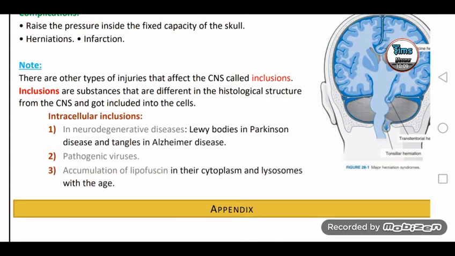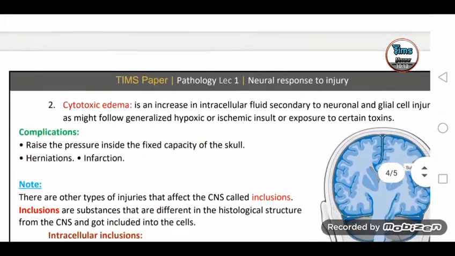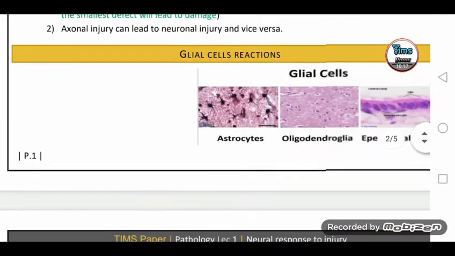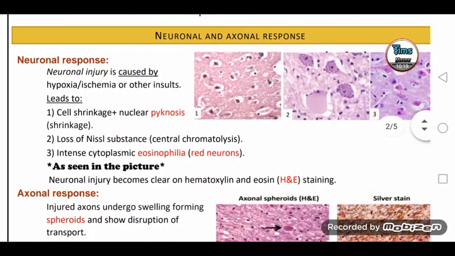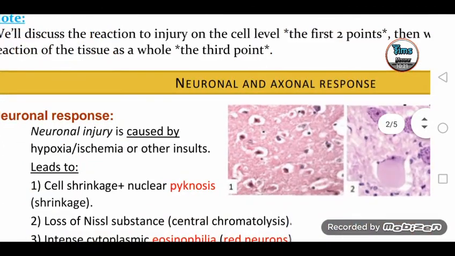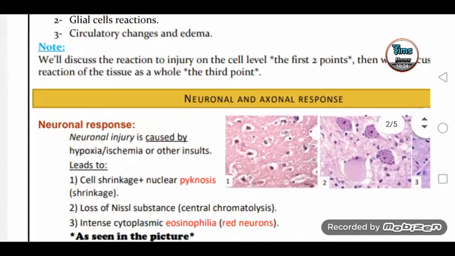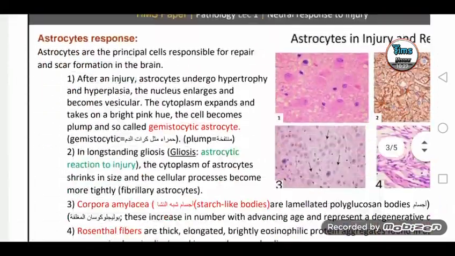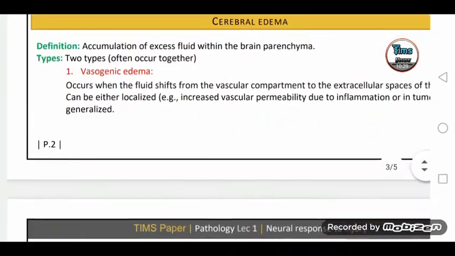So today, remember when we talked up there about the insults that may cause the neuronal injury? As we said, it can be caused by hypoxia, ischemia, or other insults. And I said that these other insults include the inclusions. So what are the inclusions?